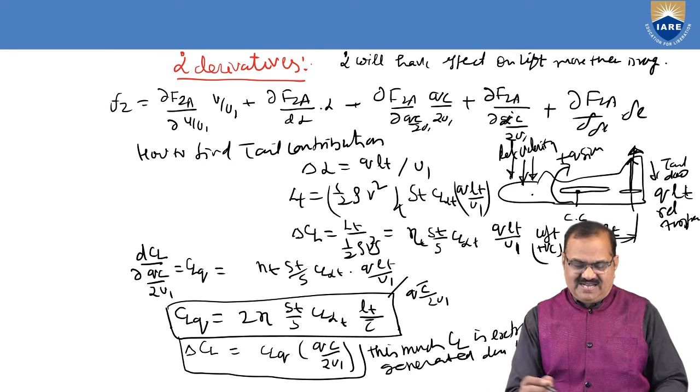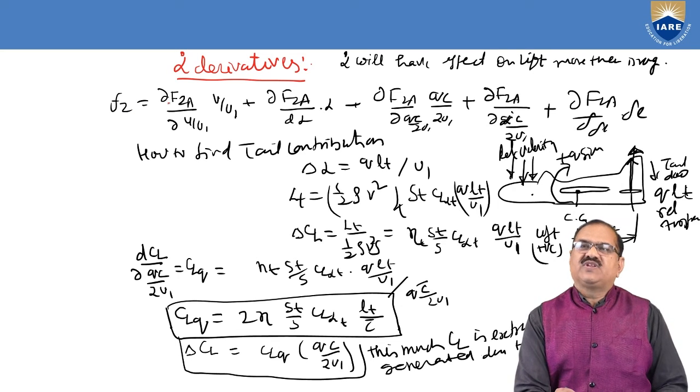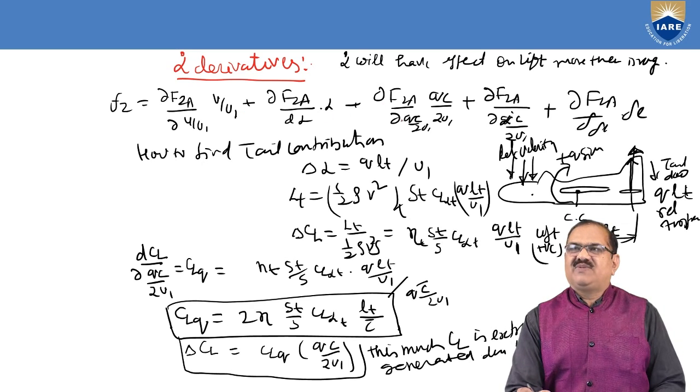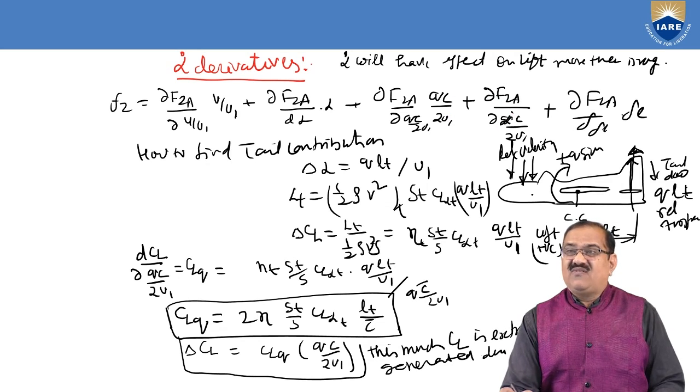So you can see that Fz is equal to dou Fza by dou U by U1 plus dou Fza by dou alpha into alpha plus dou Fz by dou QC by 2U1 plus dou Fza by dou alpha dot C by 2U1 plus dou Fza by dou delta E into delta E. So we have to find these derivatives.